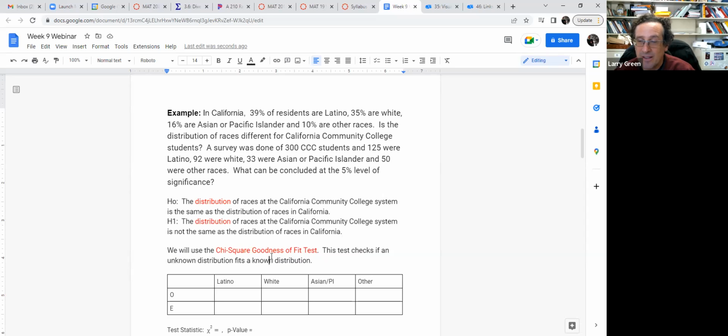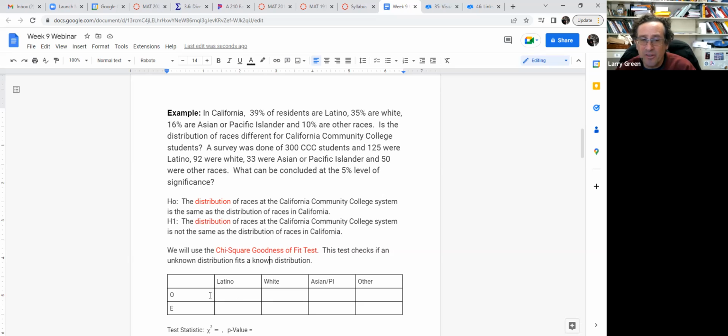Yeah, normal. So sometimes you can use the chi-squared goodness of fit test to see if you have a normal distribution. And the other one that you often use is uniform. But this example is some known population that you can look up. And you can do what I did, go to Google and you get the same percentages that I got when I looked it up.